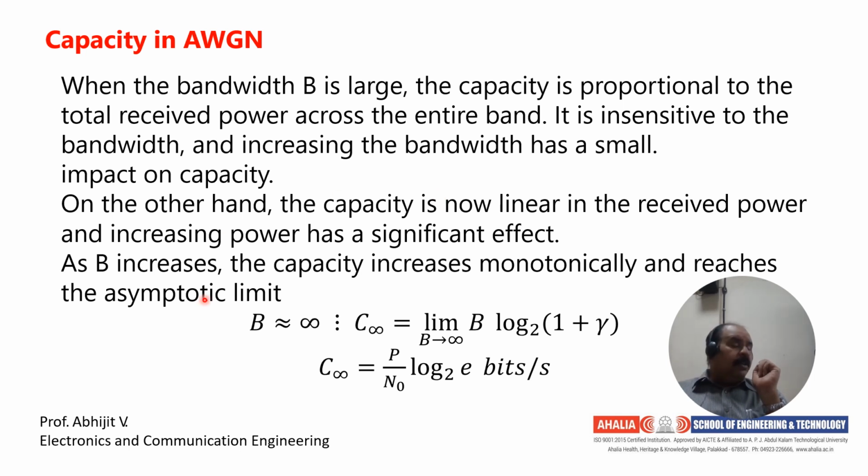On the other hand, the capacity is now linear in the received power, and increasing power has a significant effect. So from this, what we understand is that the capacity of a channel depends more on the power of the signal at the received end. Capacity of the channel depends more on the power of the received signal.